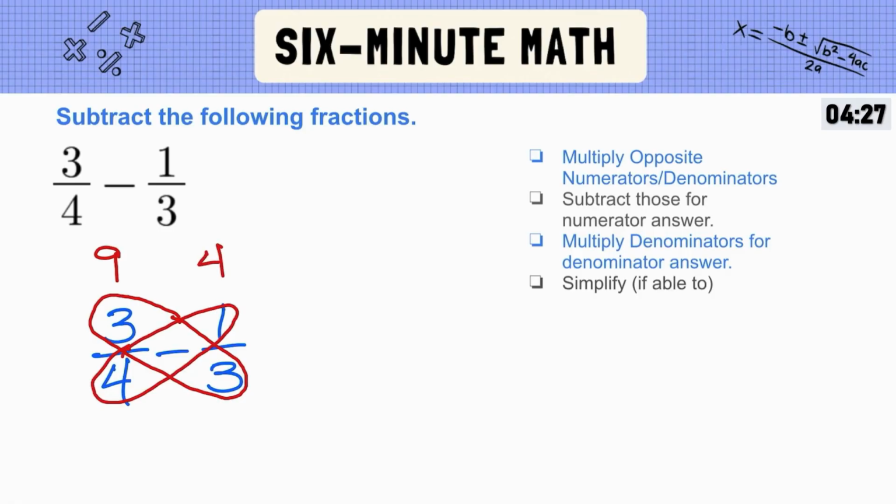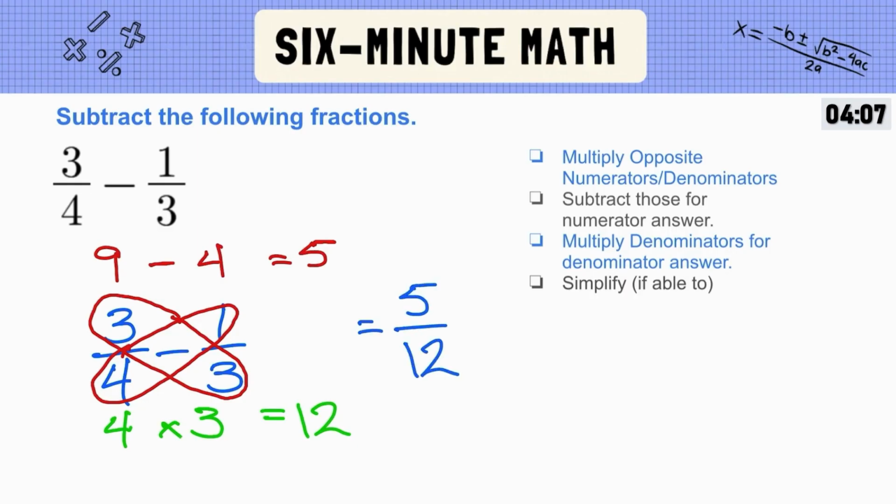I'm subtracting the fractions, so I'm going to subtract those two numbers for 5. And then my next step is to multiply those denominators together. 4 times 3 is 12. And then I combine those two for a final answer of 5 over 12.